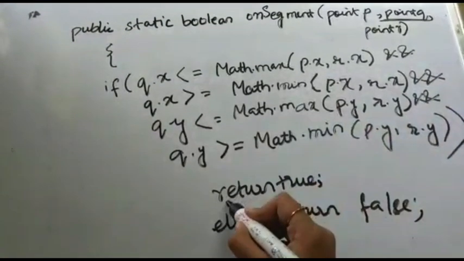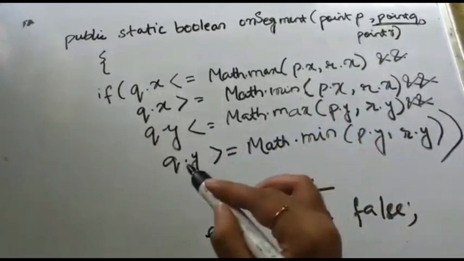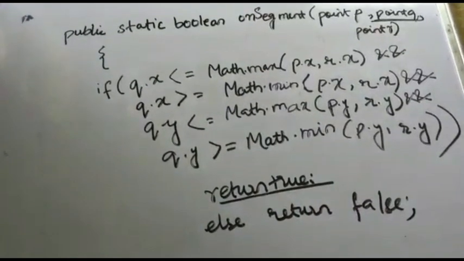We are going to return true, which means our point Q is on the segment and we have a possibility that the point lies inside the polygon or not.